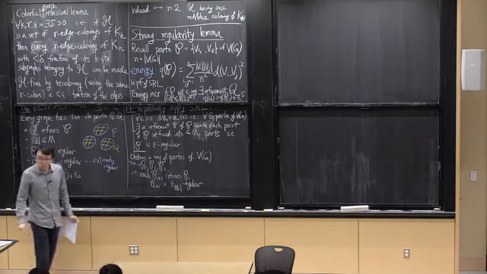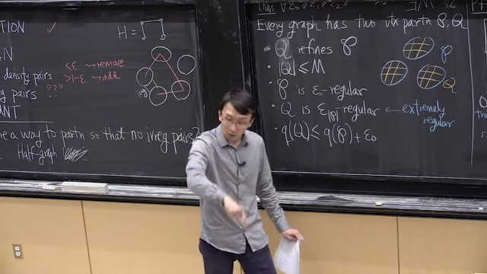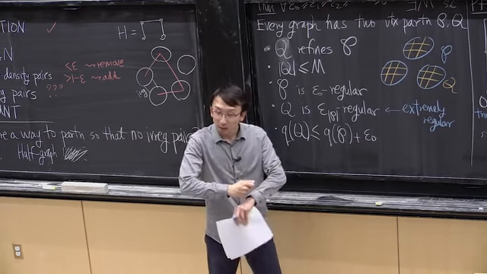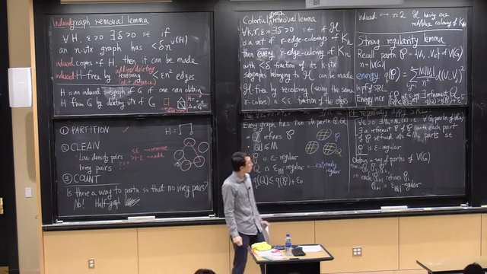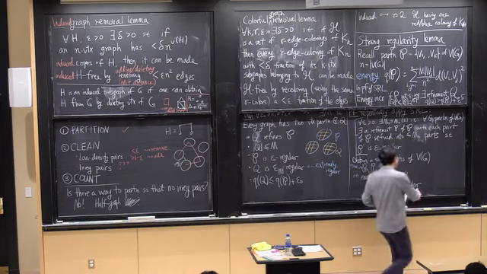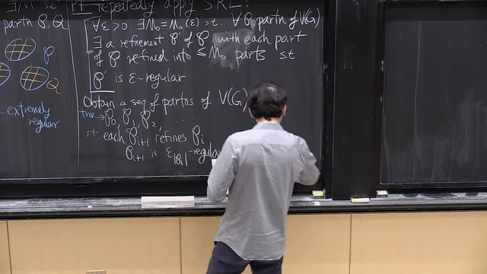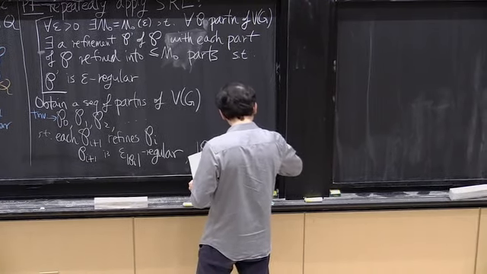Okay, so you apply the regularity lemma with parameter based on the number of parts you currently have. Applied to the current partition, you get a finer partition that's extremely regular. And you also know that the number of parts of the new partition is bounded in terms of the previous partition.